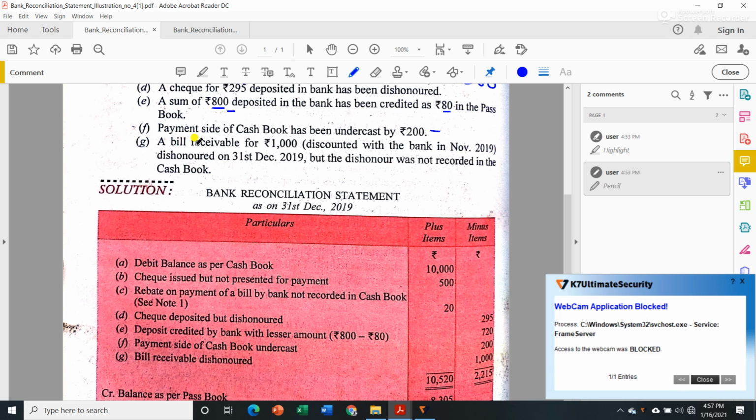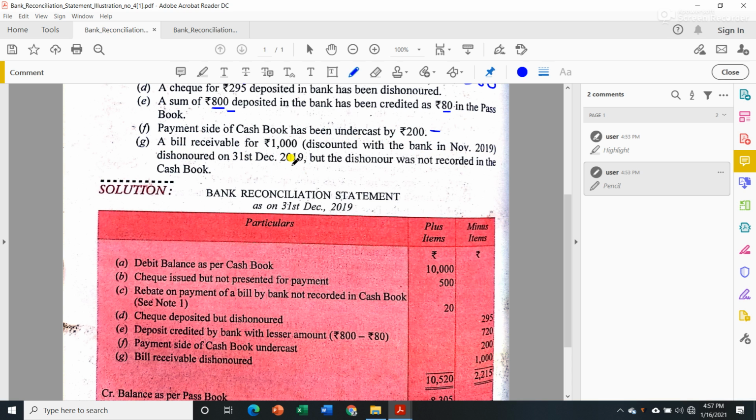Then next we have a bill receivable for 1000 discounted with the bank in November 2090, dishonored on 31st December, but the dishonored was not recorded in the cash book. Now within the bracket you just have to ignore this one. Okay, you just remember that we were supposed to receive 1000, and according to our cash book it is showing that we received 1000, but actually it was dishonored, we didn't receive anything.